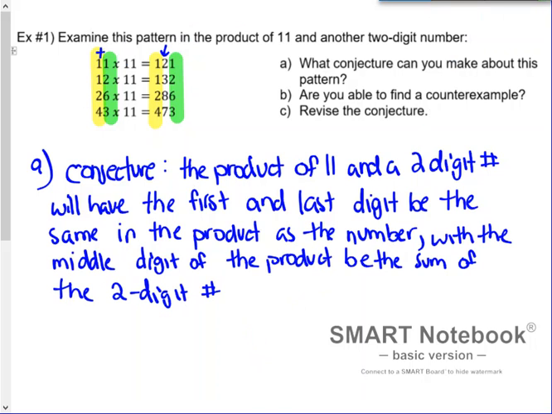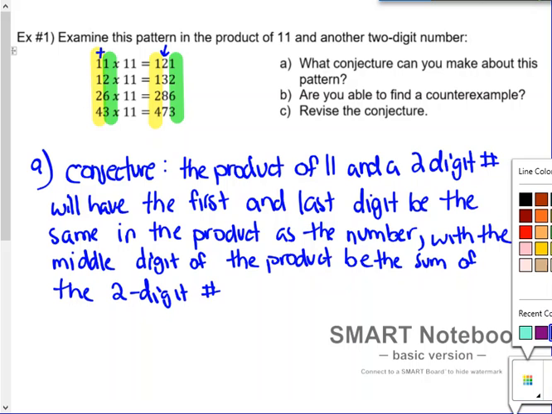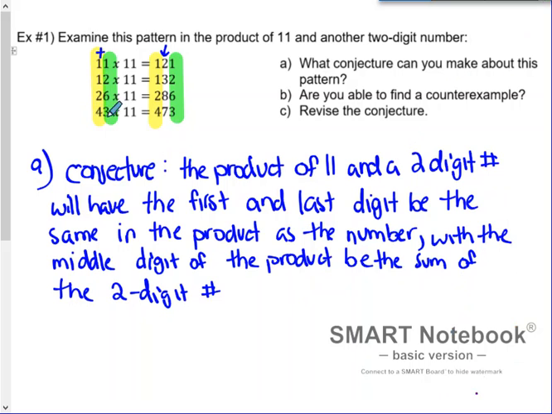So this is kind of confusing and wordy. Sometimes it is nicer to just show it algebraically or mathematically. So if I relegate these two digits to being, say, A and B, then I know my product will be A on this outside, B on this outside, and in the middle, I take A plus B. Now just unsquishing that: here's my two-digit number multiplied by 11.